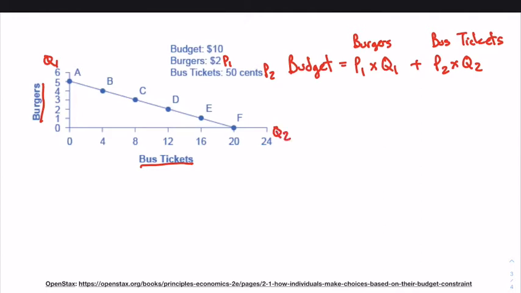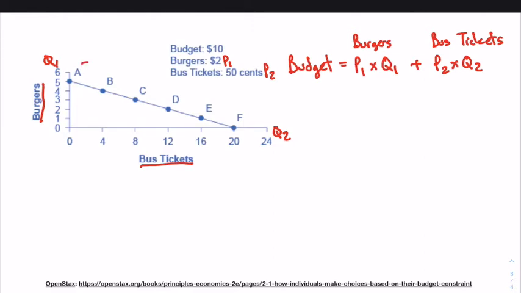Now something that's a little different is that when we look at each axis, the dot on the axis tells us what it would be as if we were spending all of our money only on that one good. So if I know that burgers are $2, for example, and I only have $10 to spend, how many burgers can I buy?